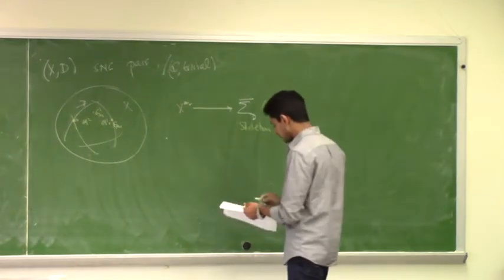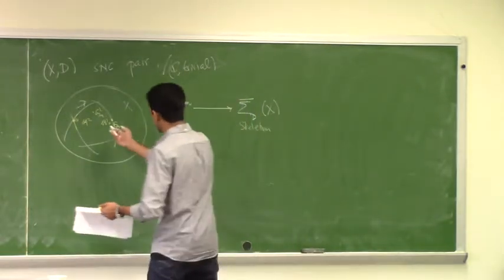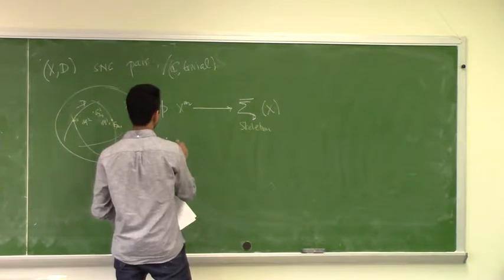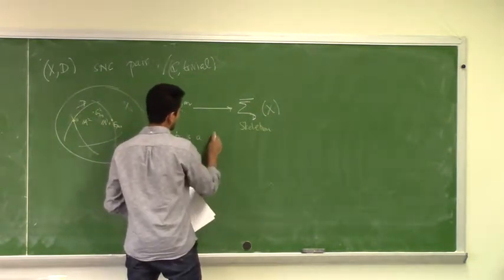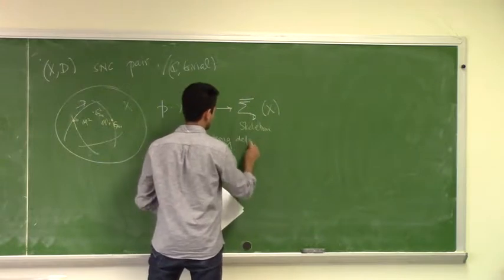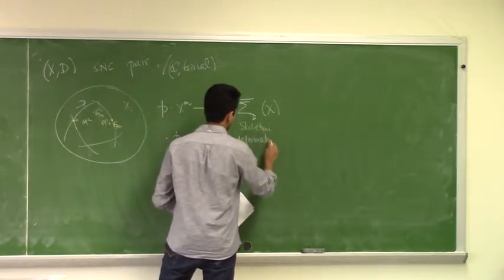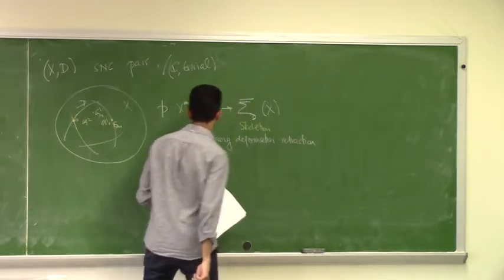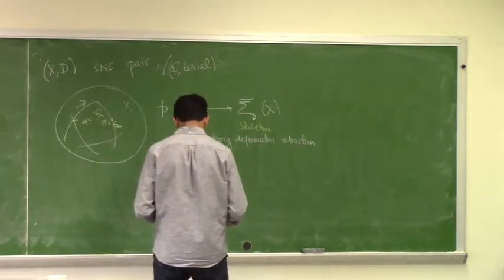Okay. Now this might seem arbitrary, you are losing a lot of information, but okay, so this is called P. P is a strong deformation retraction. It's a nice topological consequence.